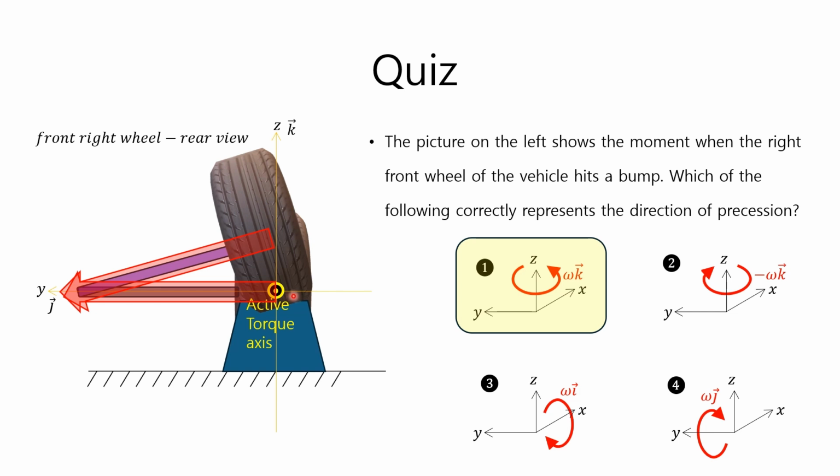Since the tip of the angular momentum vector arrow tends to rotate toward the tip of the torque vector arrow, the angular momentum arrow pointing to the positive y-axis in the figure indicates the precession effect of trying to rotate toward the tip of the active torque arrow pointing to the negative x-axis. Therefore, it makes a movement to rotate about the positive z-axis. As a result, bump steer occurs and the direction is a left turn. You can see that the answer to the quiz is number 1.